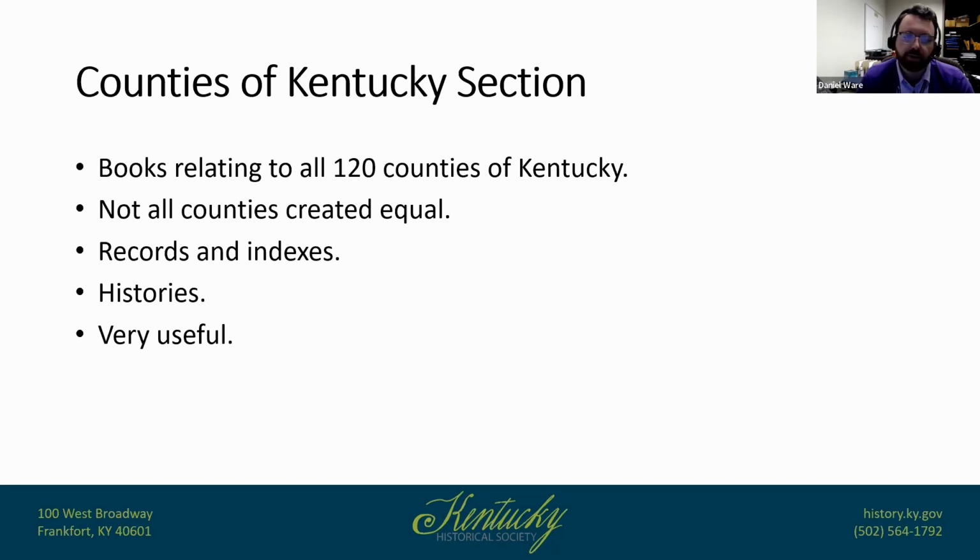And if I find them in an index, I can then go and look on microfilm for that particular record. We also have different histories for the counties, of a particular town or the county as a whole, and that might give useful information on particular families that may have lived in that county. So this is a very useful section.